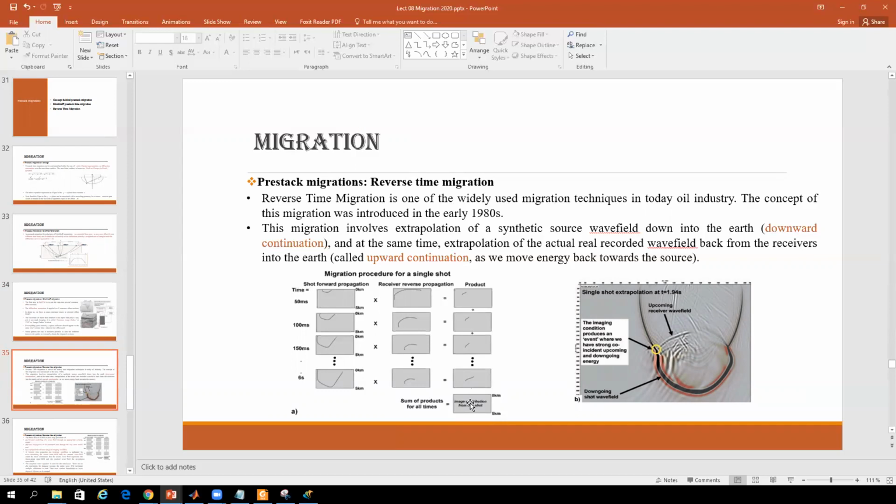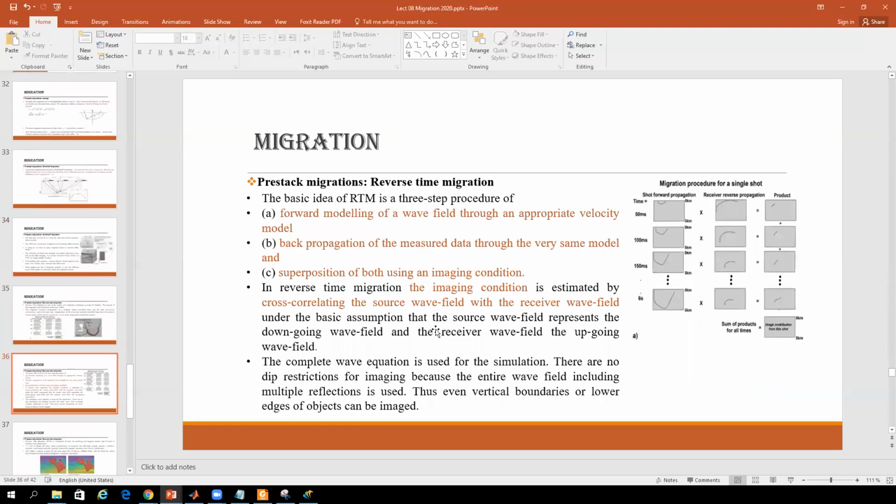In terms of computation it is very expensive, but in terms of complexity, it solves too many problems for very complicated Earth models and very complicated geology, unlike other, maybe simpler, migrations, which may fail against complexity in geology.